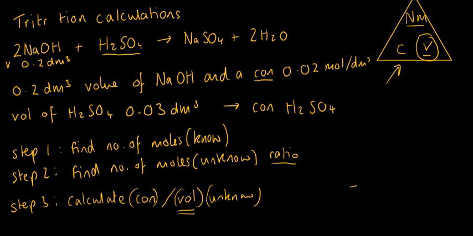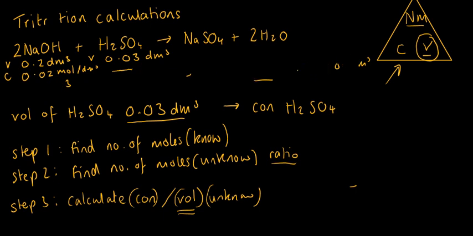and V for volume next to my H2SO4 and writing 0.03 dm cubed. Then if we can write down the concentrations, C for concentration, so my concentration of sodium hydroxide was 0.02 mole per dm cubed, and I don't know what my concentration is for the sulfuric acid.